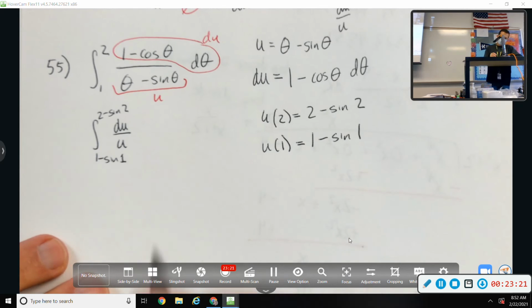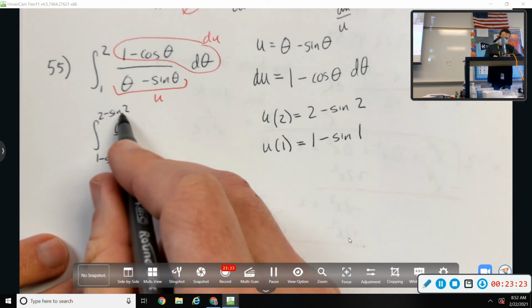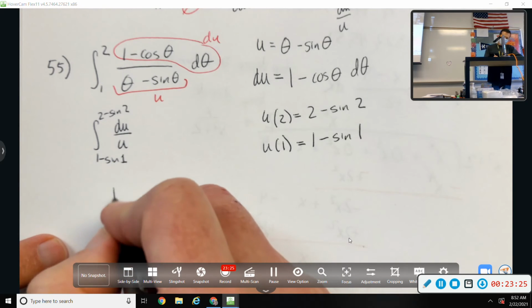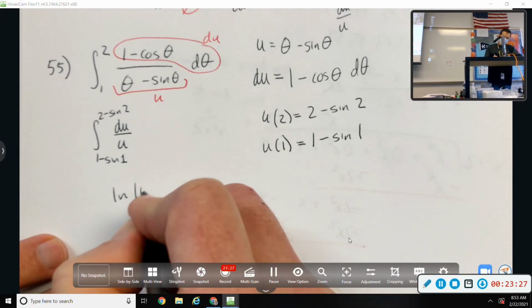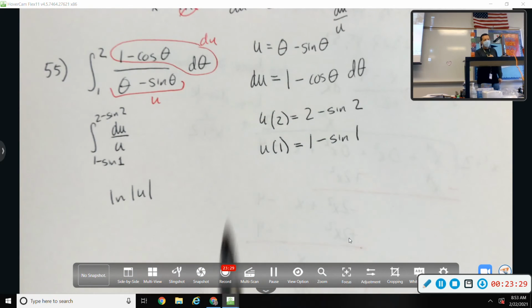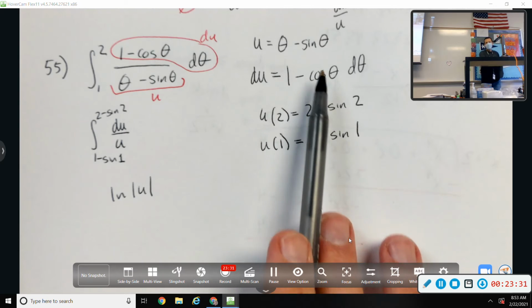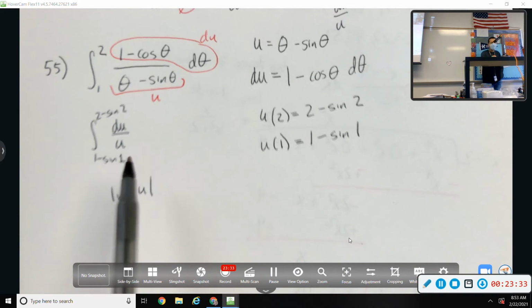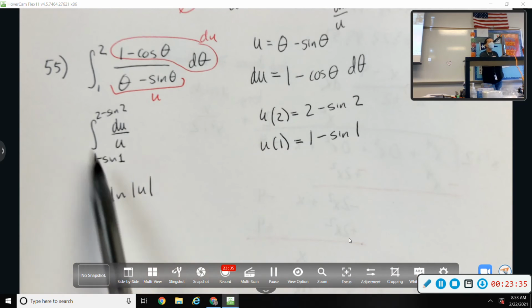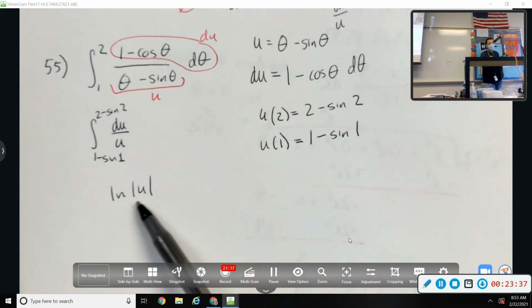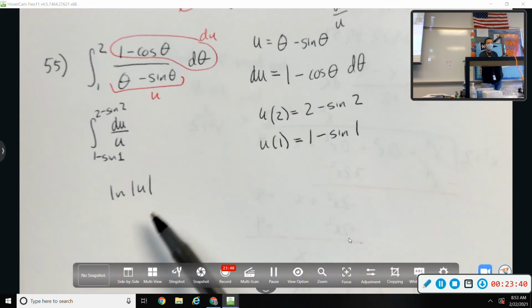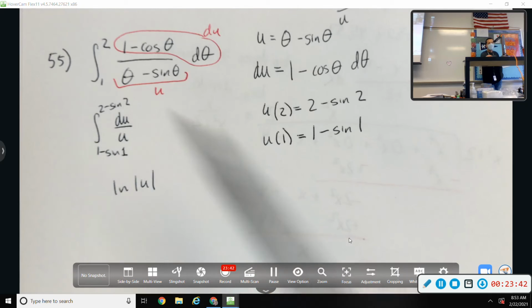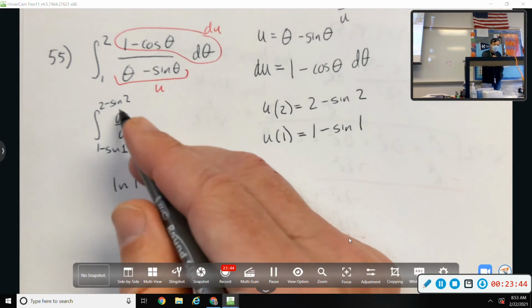It's going to be a weird looking answer. But the antiderivative of du over u would be natural log of u. And I'm not putting in theta minus sine theta again. Here's the common mistake: you switch the limits to u stuff, but then you switch the u back to theta, and now you've got theta but u limits. I don't want to go back to theta.